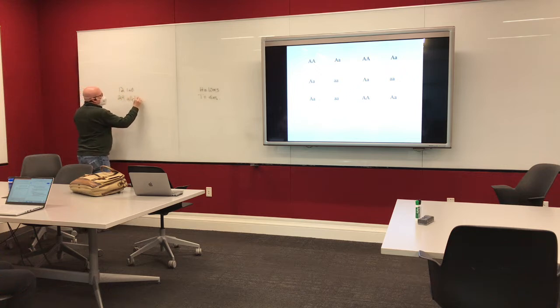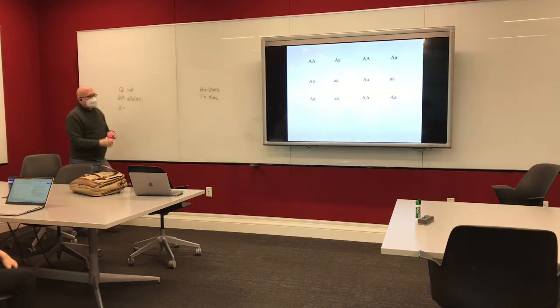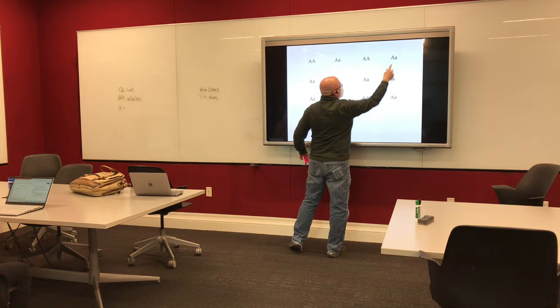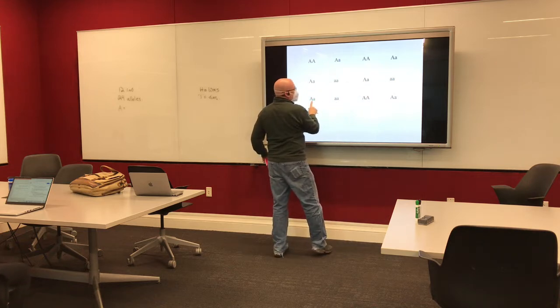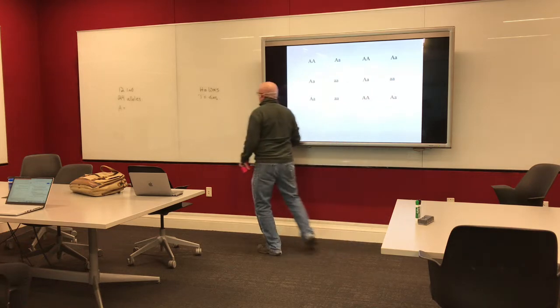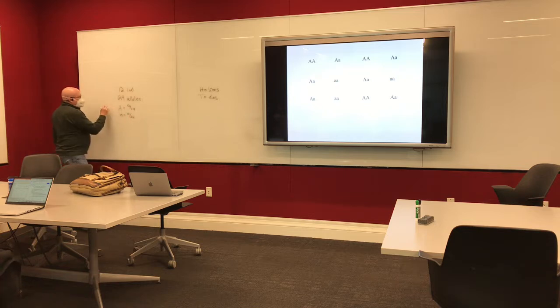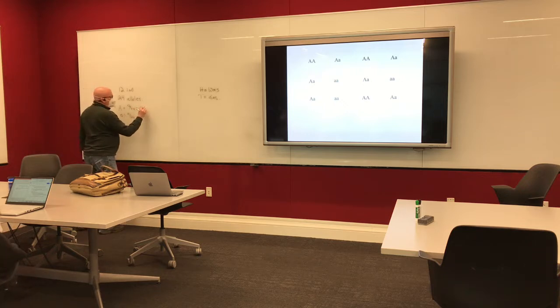How many of these alleles are the big A allele? 12 out of 24 of the alleles are the big A allele. 12 out of 24 are the little a allele. This is p in Hardy-Weinberg equilibrium parlance. So we have allele frequencies that are at 50%.